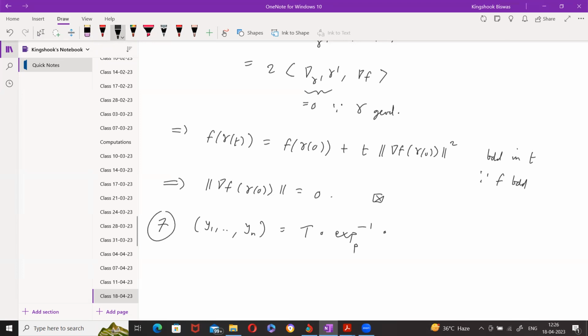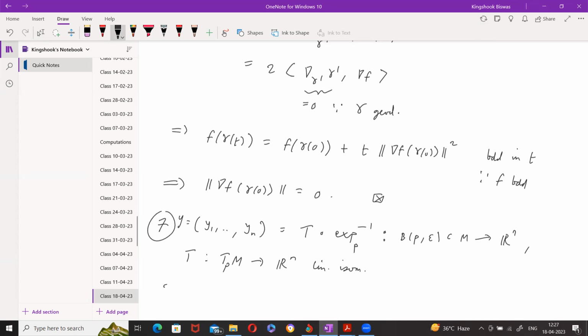Right, so this goes from a ball around P to R^n, and T is a linear isometry from the tangent space T_P M to R^n. Now let me call this y, which is y1 to yn.